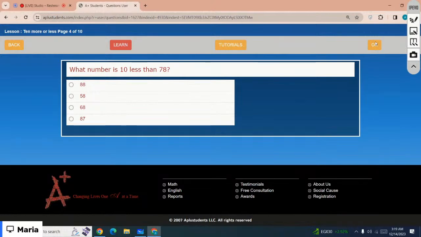That means you need to subtract 10 from the 78. So 78 minus 10 equals 68. The correct option is 68, right? 78 minus 10 equals 68. So the correct option is 68.